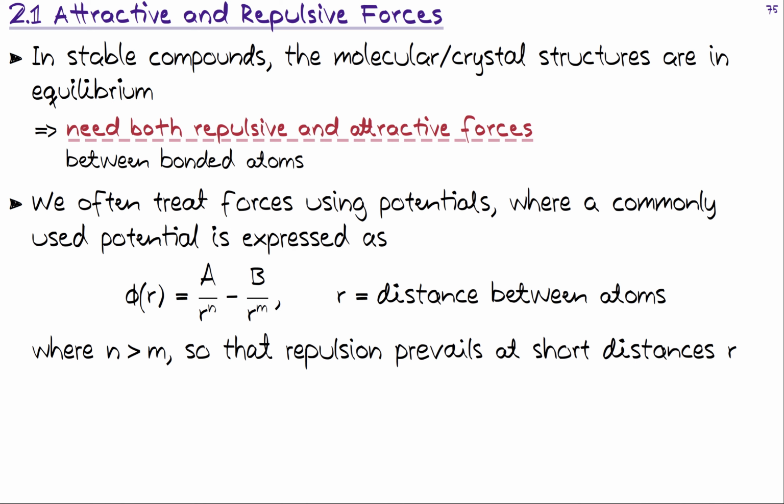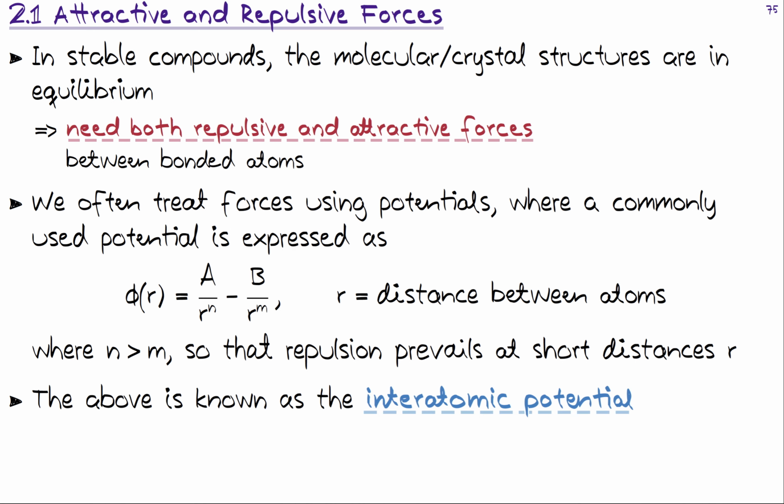And when we have this form, there will be some kind of equilibrium position where the atoms form a solid equilibrium substance. And this above equation for the potential is also known as the interatomic potential because it's describing the potential between two atoms.